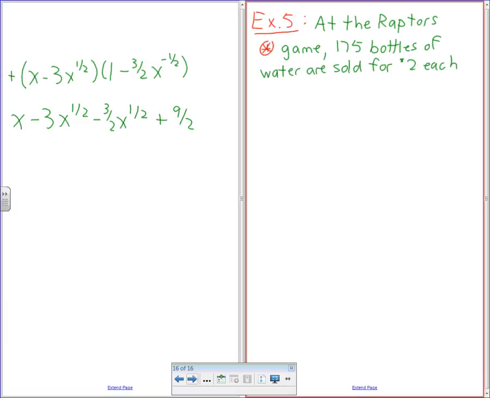I know, it's a lot more than that. For every 15-cent drop in price, 10 more bottles are sold. A, model this with an equation.